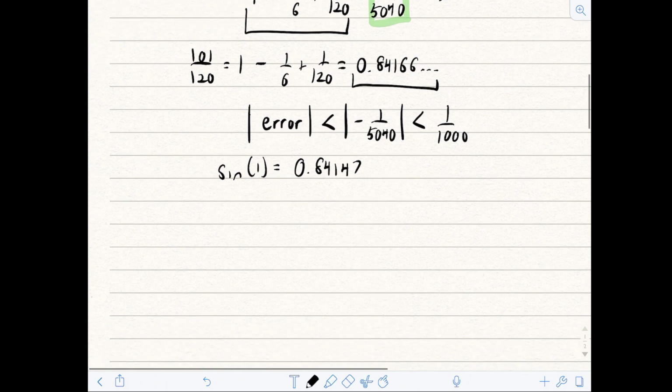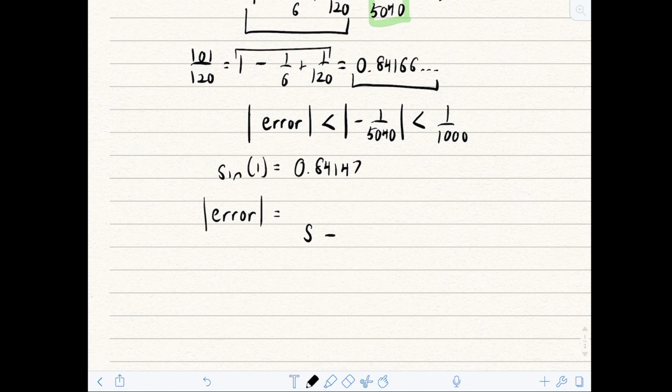So in this case, I'm going to figure out what the actual error is by taking the actual value minus the partial sum of 3 terms. So this is going to be 0.84147 minus the other one, which is 0.84166, and I should end up getting 0.000195, and so on and so forth.